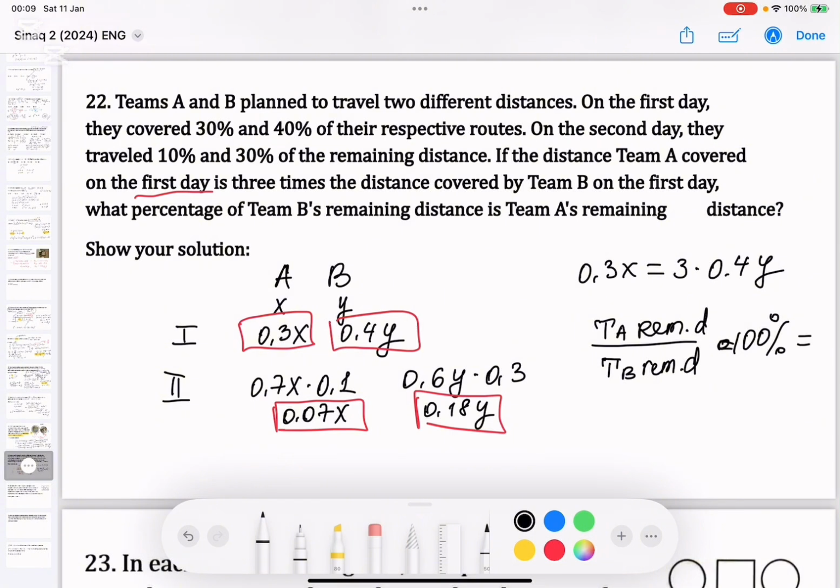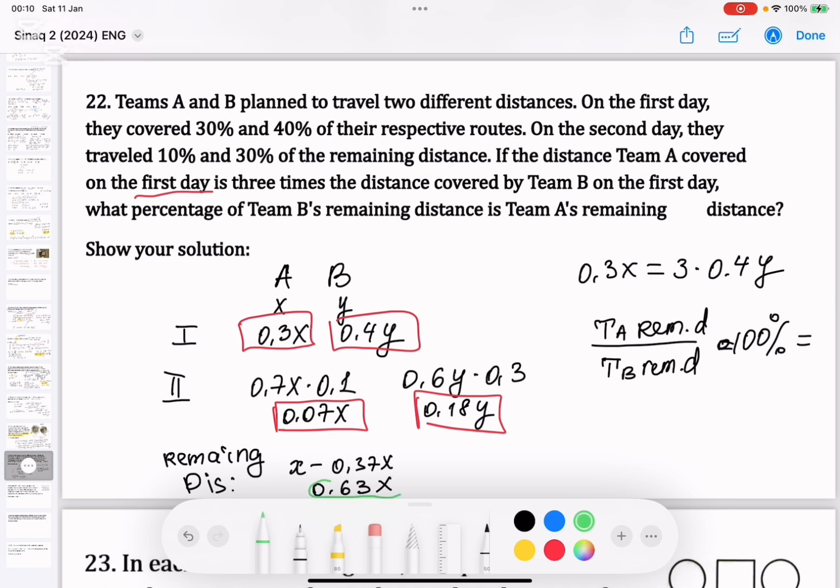Well, the remaining distance for Team A would be: if the total route is x and they traveled during these first 2 days 0.37x kilometers, the remaining distance is 0.63x kilometers.